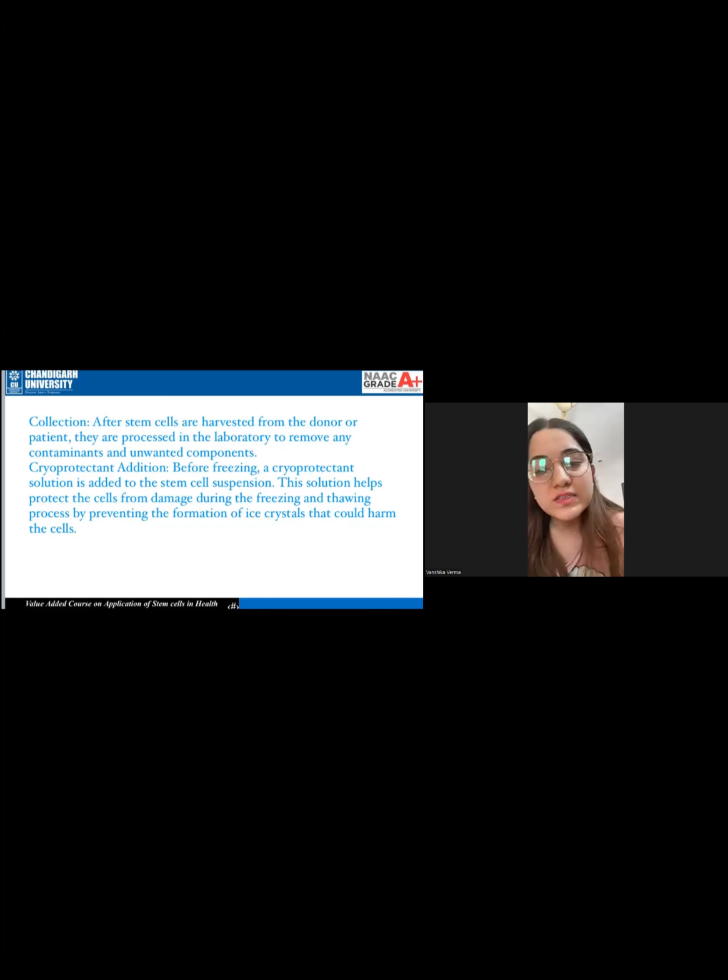Okay, and it prevents the formation of ice crystals during freezing and thawing that could also harm the cells. So once we collect the stem cells from the donor, we need to add the cryoprotectant, so we don't have damage from freezing and thawing during the process.